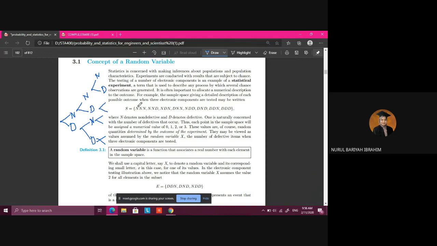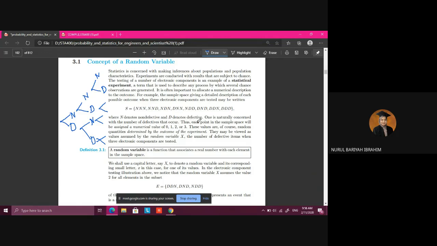Okay, so the possible outcome will be N, which means either we get 3 non-defective, or we get N, D, N, D, N, and so on. So this is the sample space, the outcomes that are created when we do this experiment.